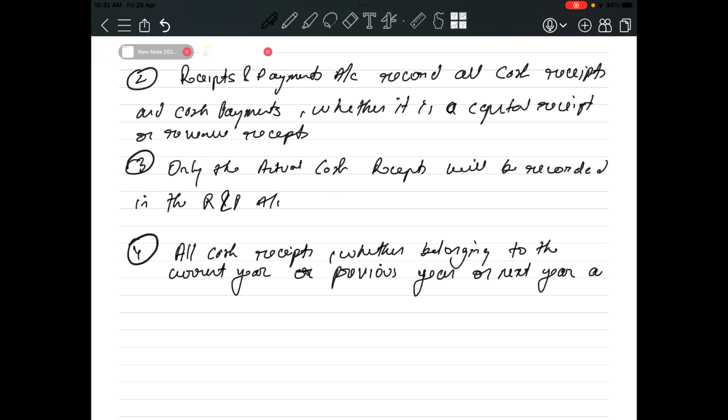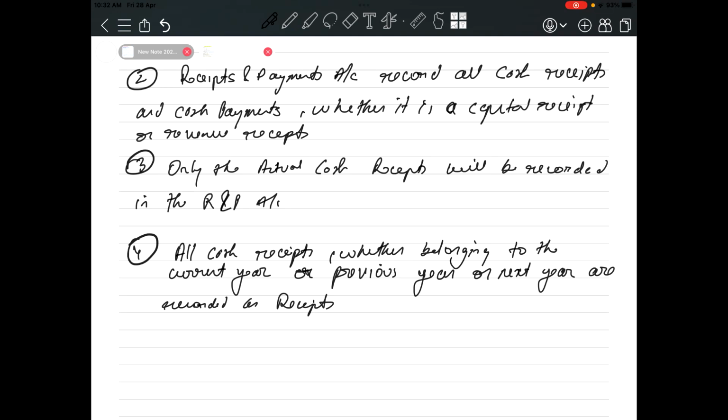Now when you receive some cash for any purpose, be it for current year, previous year or next year, you will record that in receipt and payment account. I hope this is clear.